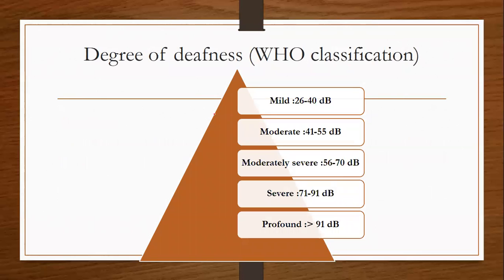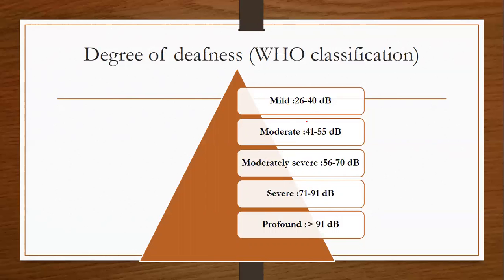In the degrees of deafness, according to the World Health Organization classification, it is divided into five forms: mild, moderate, moderately severe, severe, and profound. It is on the basis of the hearing ability, or the decibel level of the sound waves that the patient can hear.